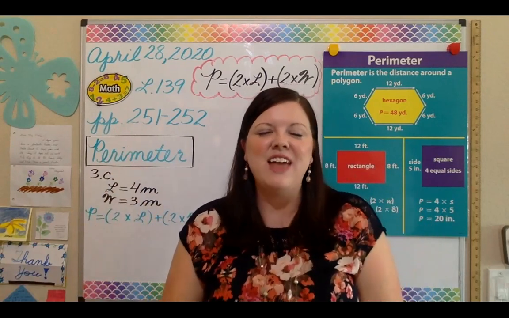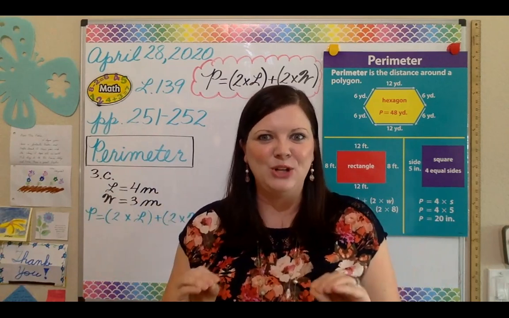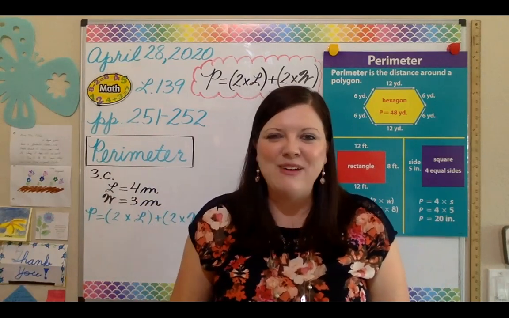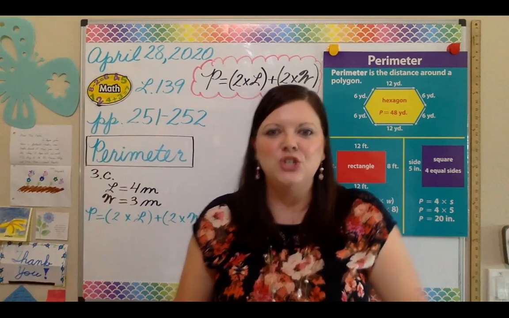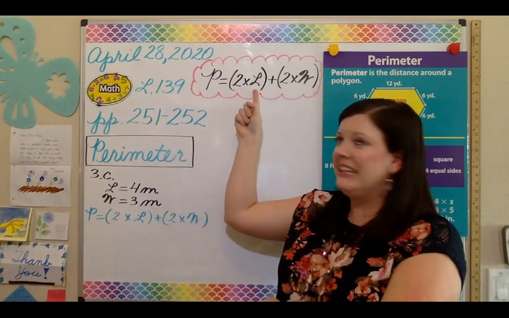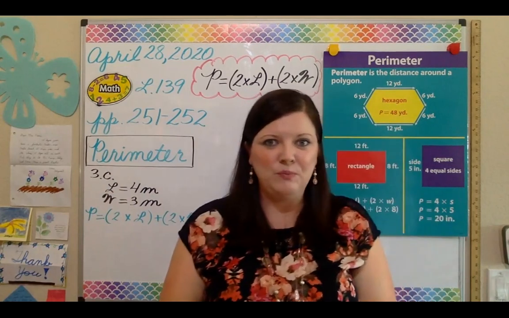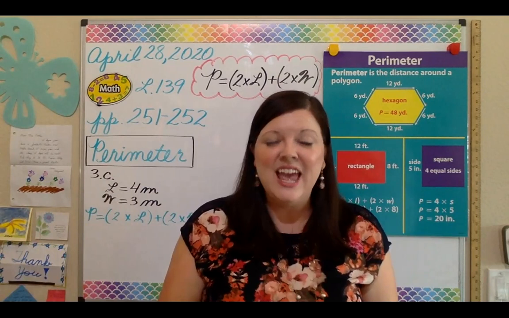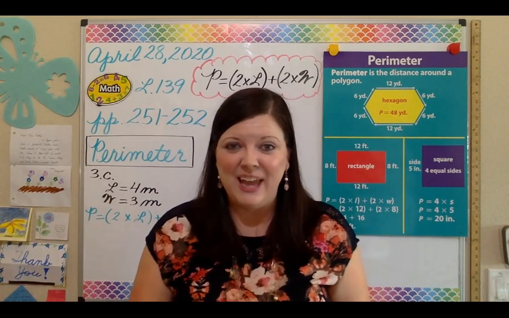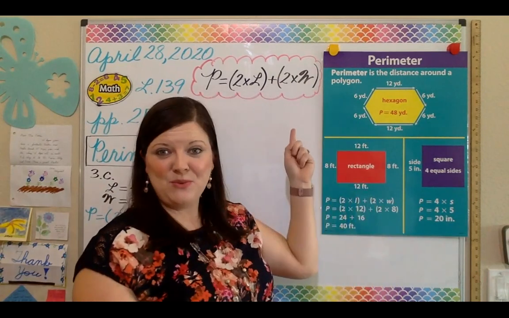Okay, let's look at that formula a little closer. Did you notice how it says 2L? Why would we need to multiply the length times 2? Well, because a rectangle has 2 lengths that are exactly the same. What about with the W?